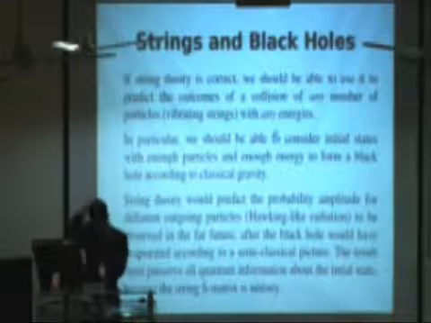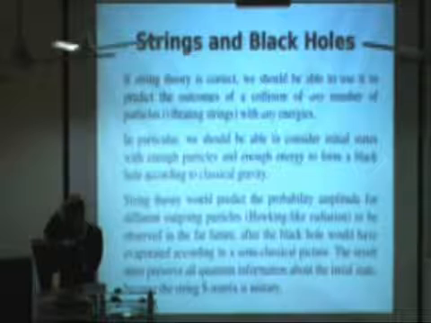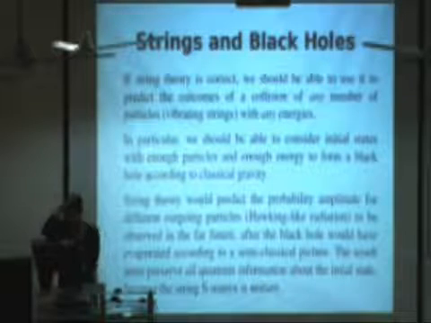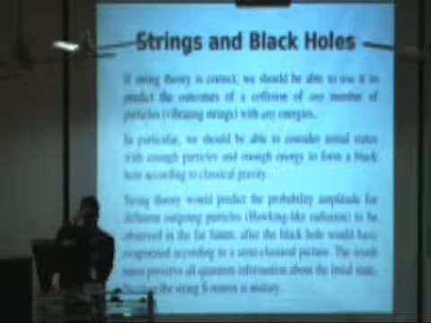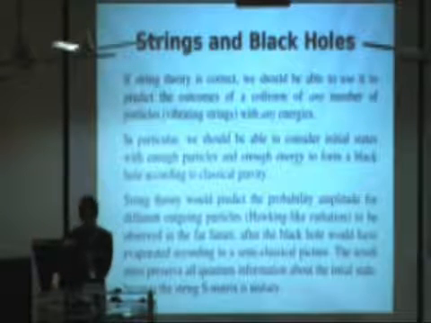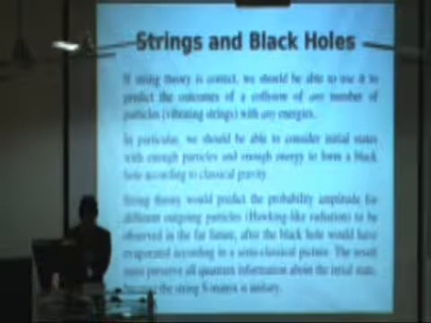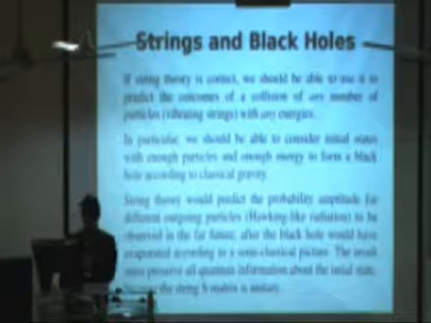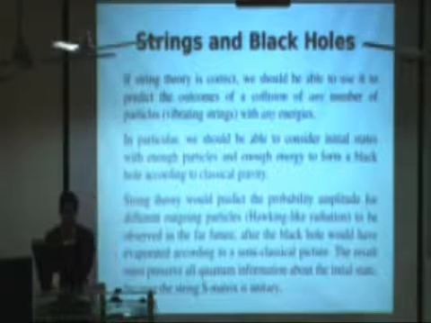That means if string theory is correct, we should be able to use it to predict outcomes of a collision of any number of particles with any energies. In particular, we should be able to consider initial states with enough particles and enough energy to form a black hole according to classical gravity.